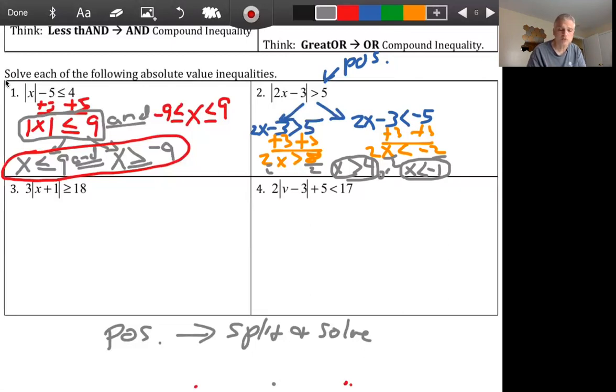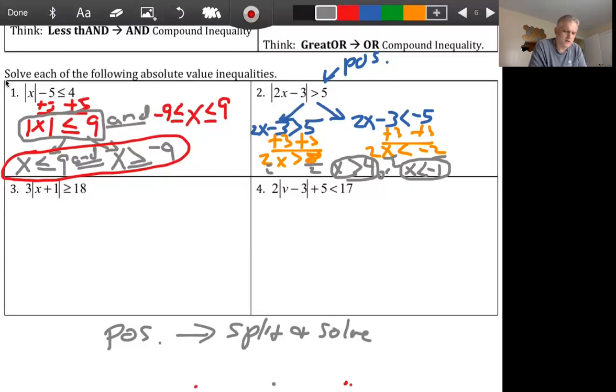All of those numbers will work to make this a true statement up top. Or you can go back to where the sticks were isolated. That was greater than, greater, or, greater. So you've got the or in between your two answer solution intervals.